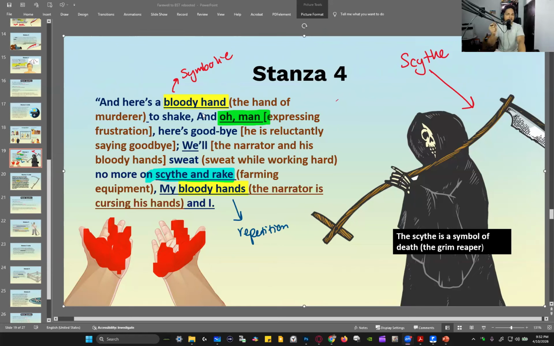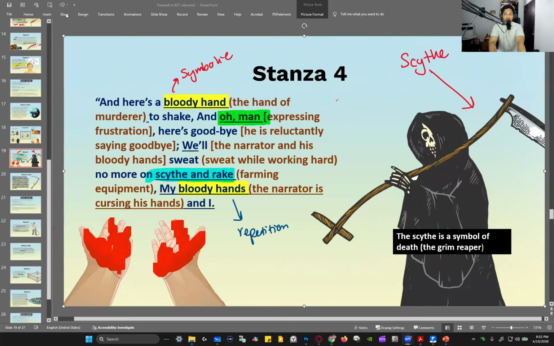And oh man, here's goodbye. When you depart, you shake hands. But the narrator says that his hands are bloody. They symbolize his murder, they symbolize his guilt. Will sweat no more on scythe and rake. Yes, it is violent. The murder is violent, Amina.